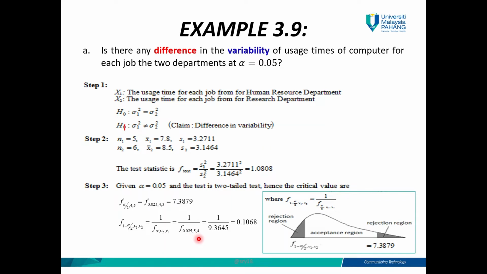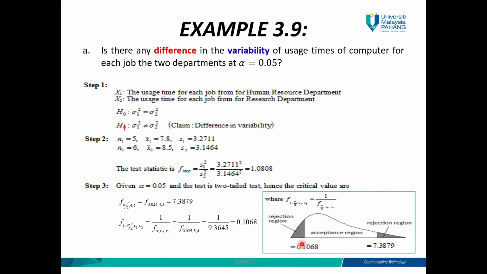You should get 9.3645. So 1 divided by 9.3645 is 0.1068. That is the left hand side critical value. Once again, class, remember, even though it is a left hand side critical value, it remains positive for the F distribution.